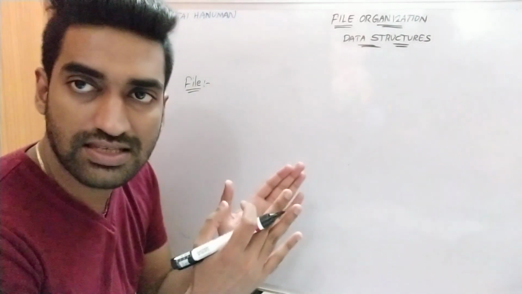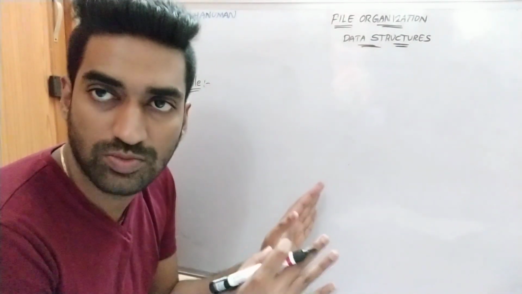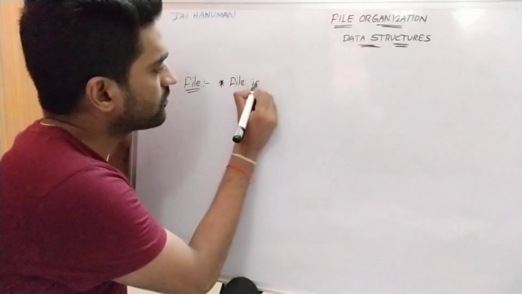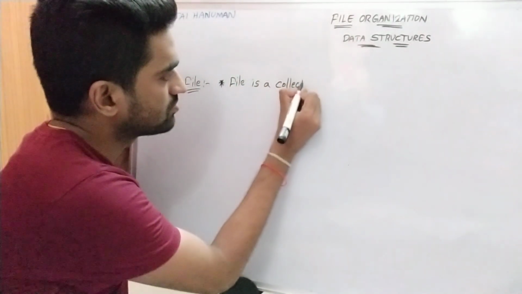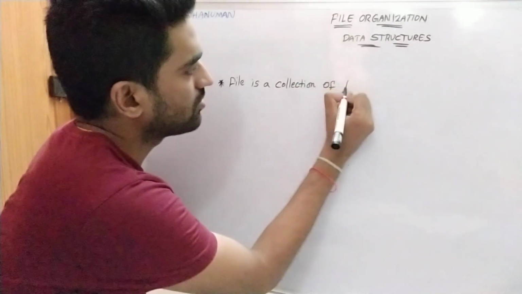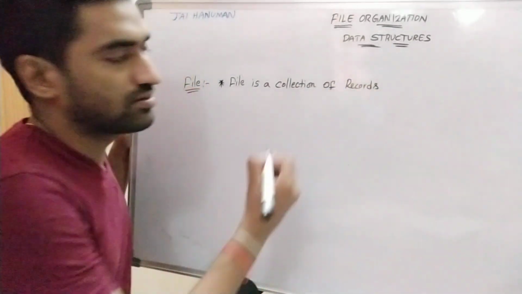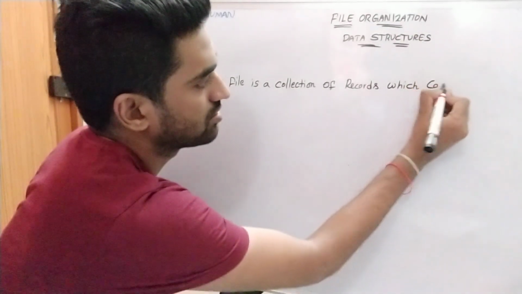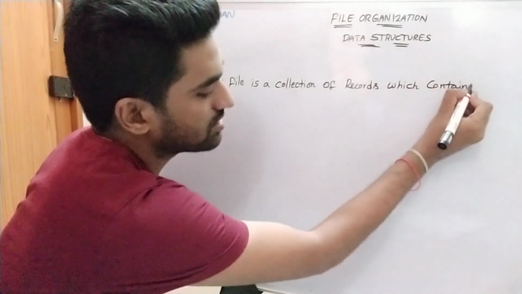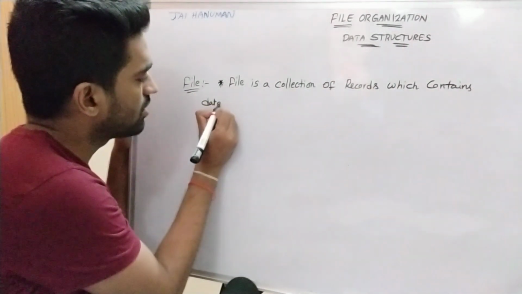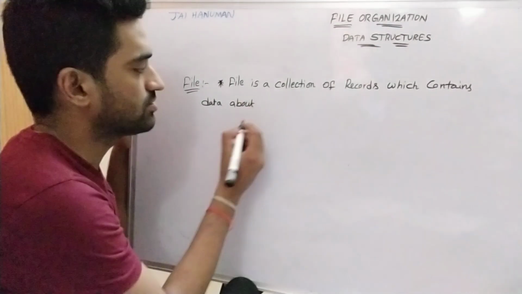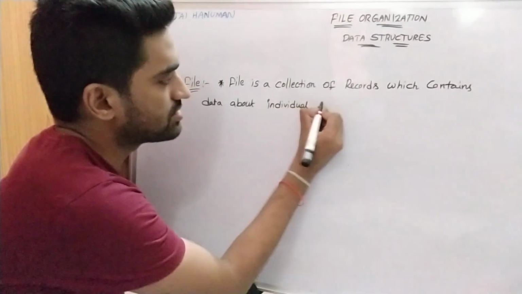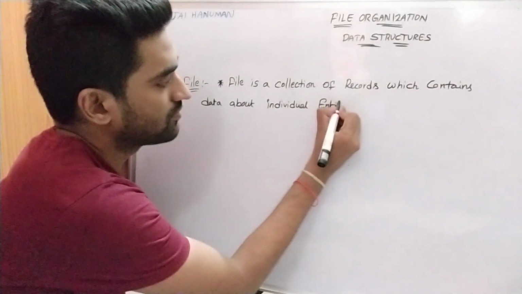Simply, it collects some data in the form of records, and that is said to be one file.